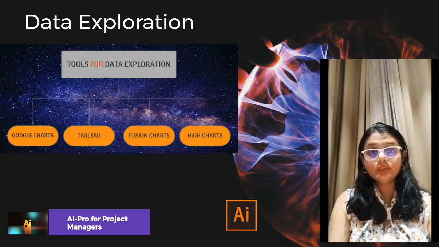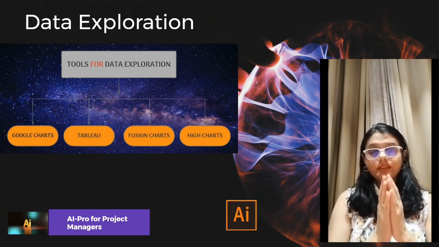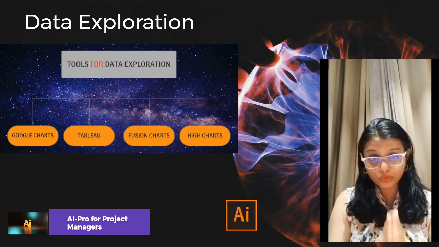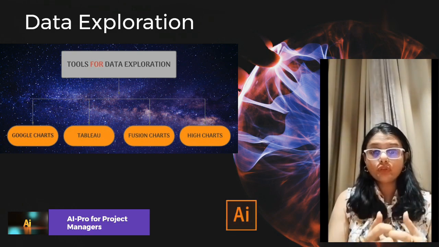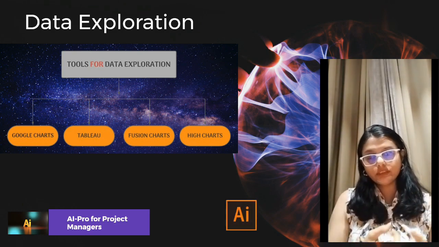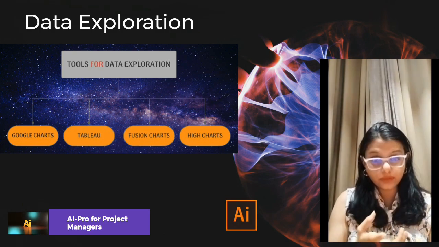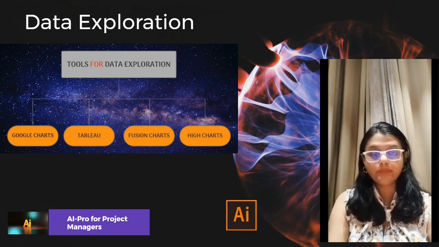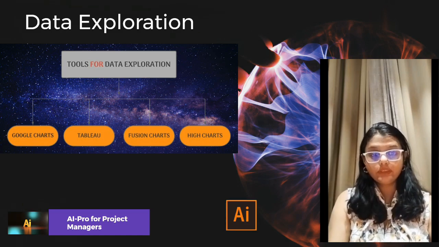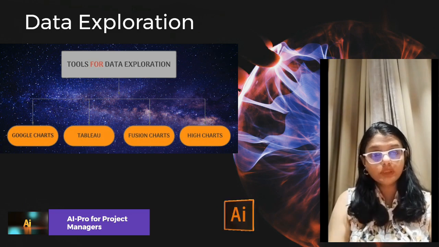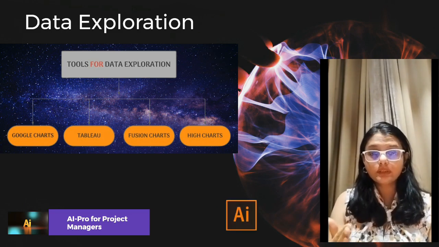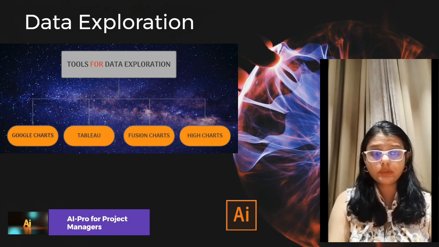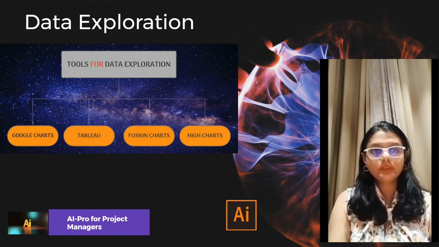There are different tools like data visualization tools in order for you to provide that data in the form of tables, charts, pie charts, graphs, bubble charts, maps. The tools which are available can be Excel, Google Charts, Tableau, QlikView, Jupyter, Google Data Studio, and so on and so forth.